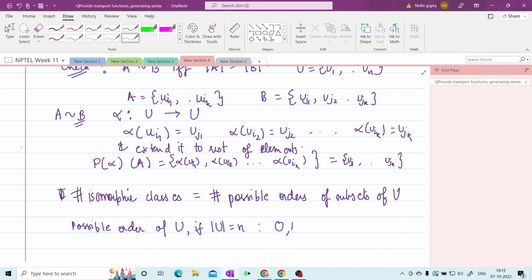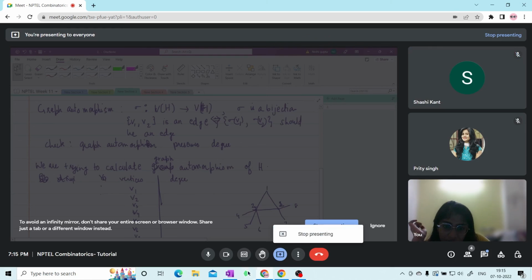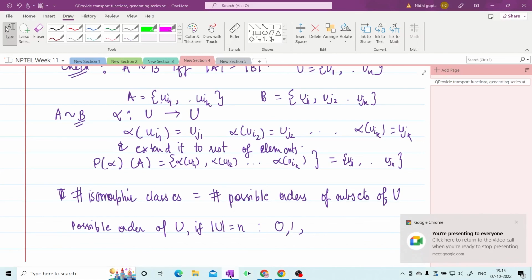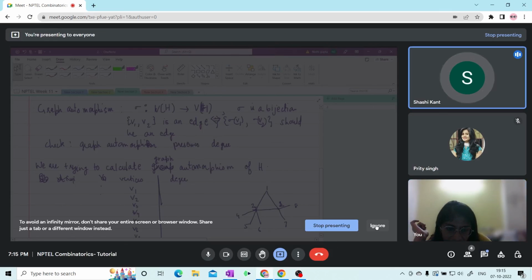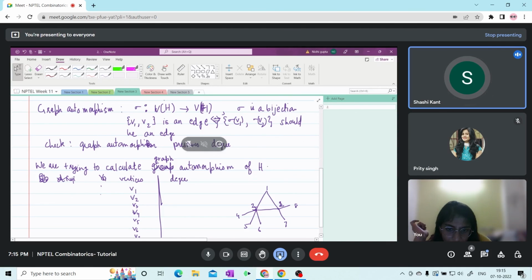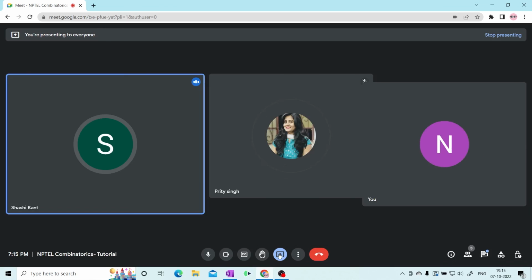Are you writing down something? Because actually I'm just seeing a static page where you explained the graph automorphisms and nothing else. You are just explaining this for a long time, but there is only a static page. Yes, I was explaining something. So you are not able to see it. Oh, I see.